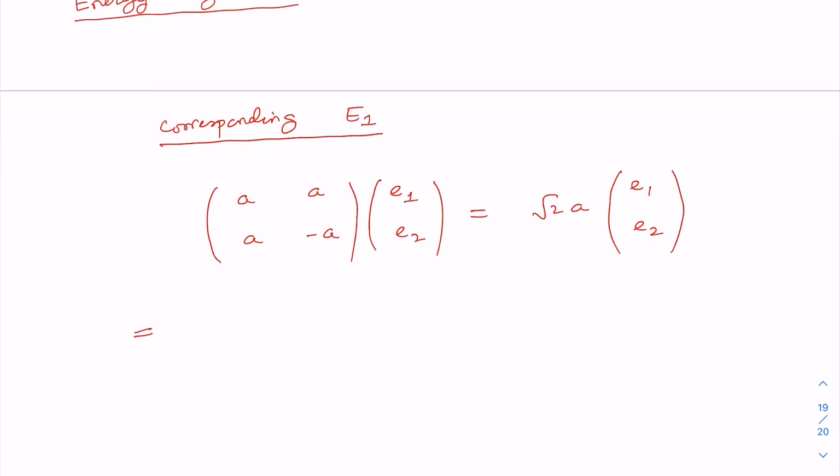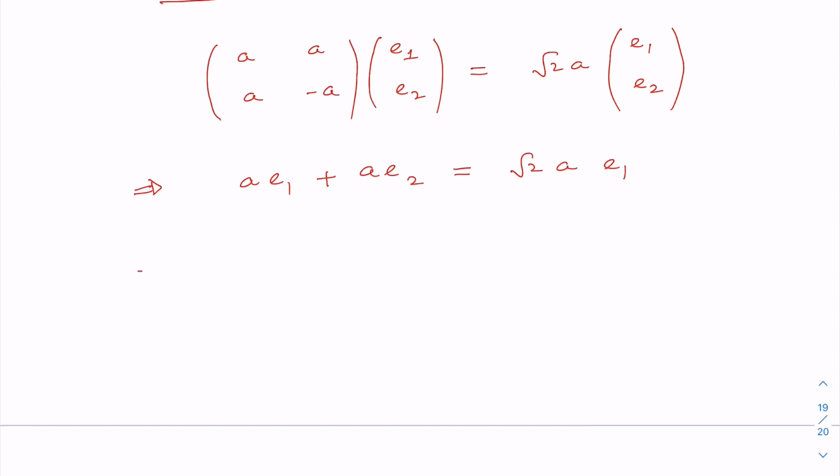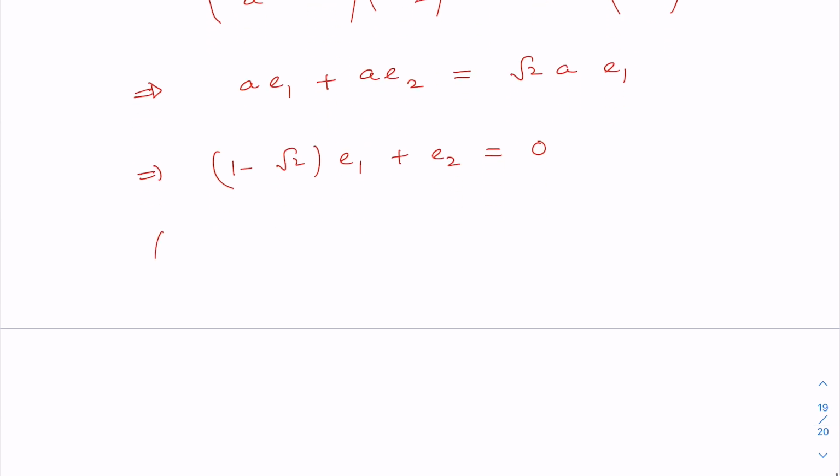So this is going to give us only one equation, which is sufficient. We'll have A e1 plus A e2 is equal to square root of 2 A e1. This means I can have (1 minus square root of 2) e1 plus e2 is equal to 0. Therefore I can choose e1, e2 this way.